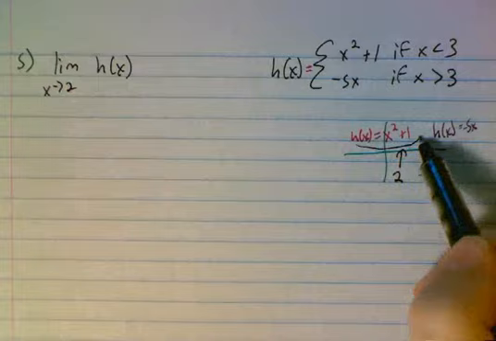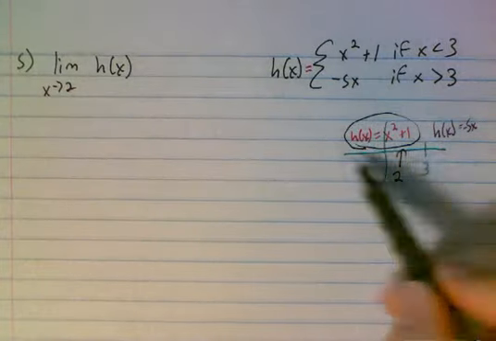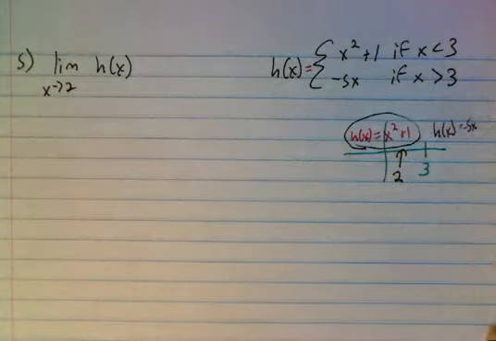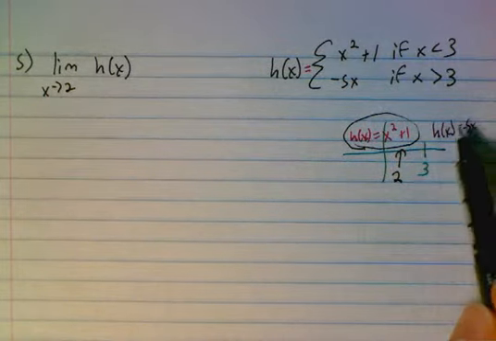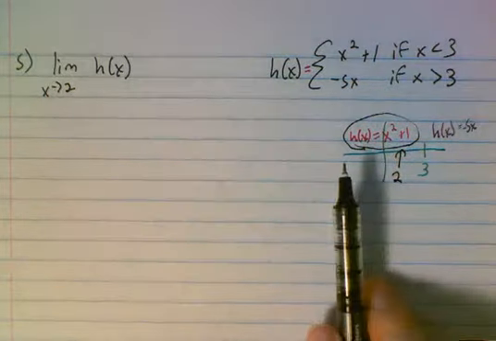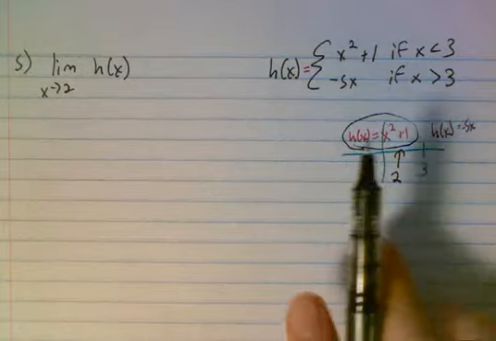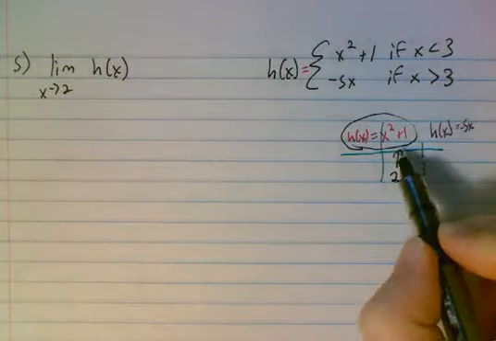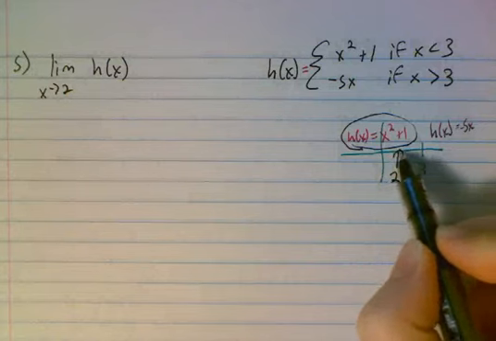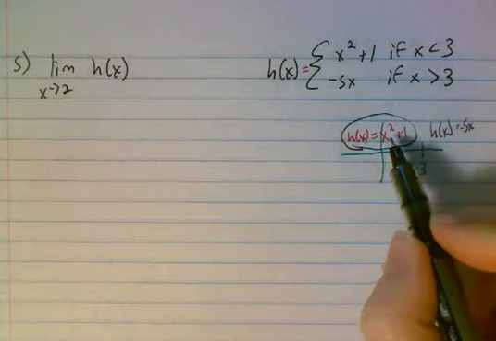It's wholly inside the domain that has this one. It's only when we are trying to find the limit at this number right here that we have to do the left and the right limit. Because on one side of 3, it's one equation, and on the other side of 3, it's the other equation. But here at 2, at 1.9 and at 2.1 on both sides of 2, it's still the same equation.